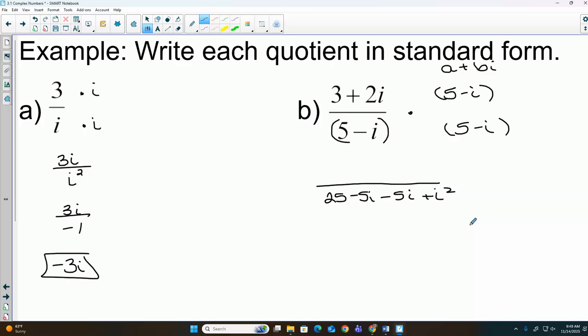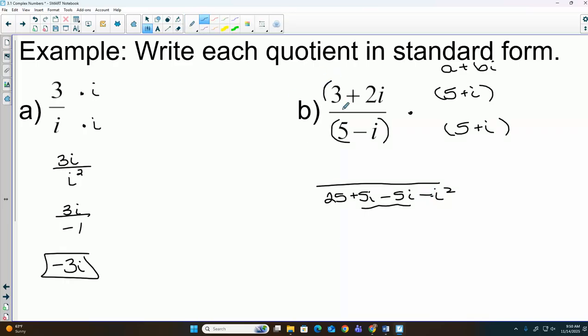Did my i's cancel out? No. How would I make it so that these i's in the middle would cancel? Yeah, we have to do the conjugate, which is the same thing but opposite signs. So if I multiply by 5 plus i, the bottom becomes 25 plus 5i minus 5i minus i squared.